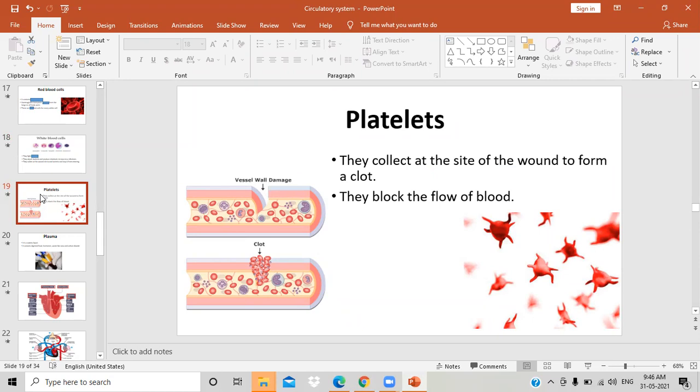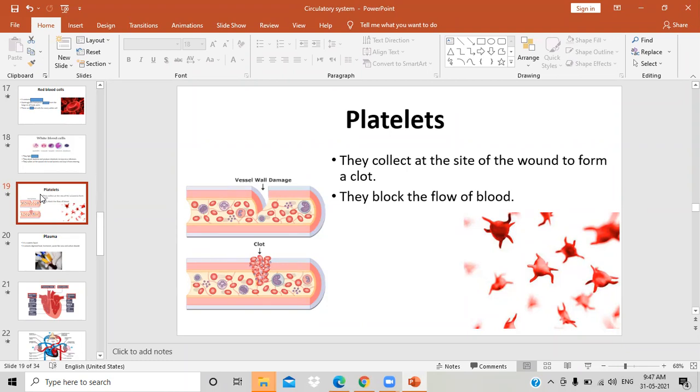If you got injured somehow and your skin is bleeding or anything, the platelets rush into this injured part and they start to break down to produce some chemicals which stop the bleeding and make the crust that you see covering any of your injuries. This is to stop the bleeding and to protect the injury from any bacteria or dust or anything that may harm the injury from outside. Okay. So these are the blood components.